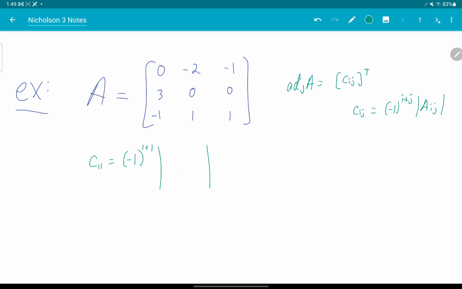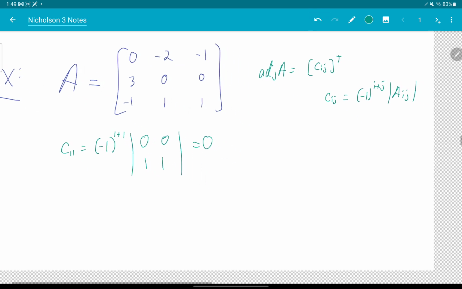So I take the 1 and the 1, smush the first row, smush the first column, and I take what's left. So that's my Aij there. We can see we got a row of zeros here, so this is going to be 0.